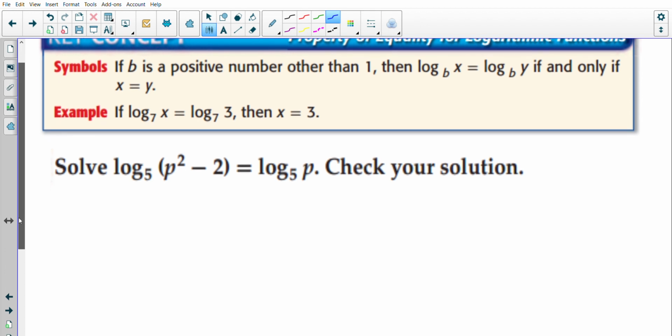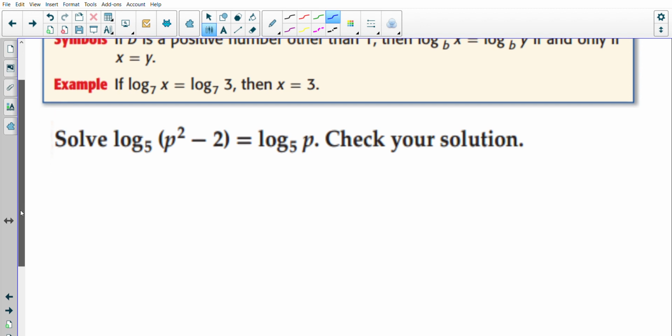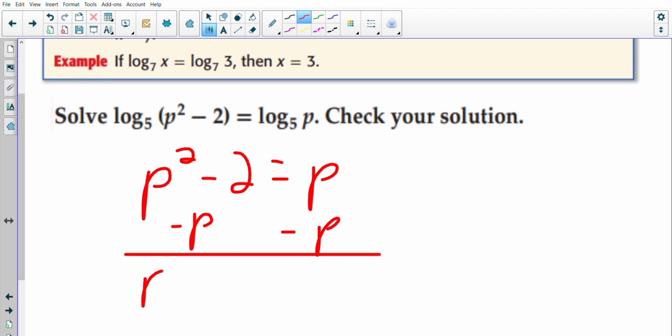So log base 5 of p squared minus 2 is equal to log base 5 of p. Then check your solution. So I'm just going to set it up. p squared minus 2 is equal to p, because they're both log base 5. I'm going to subtract p from both sides because I have a quadratic, so I'm going to solve. I have p squared minus p minus 2 is equal to 0.